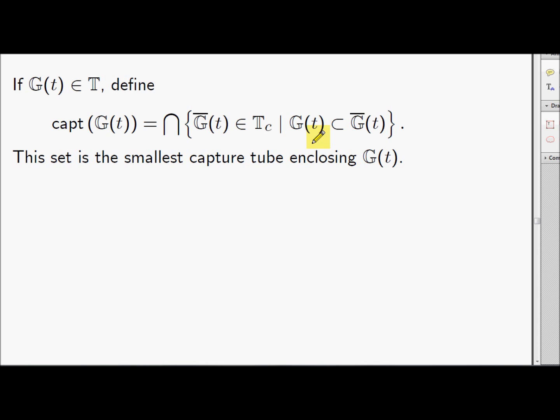We could not define the notion of smallest capture tube if the set of capture tubes would not be a sublattice. Okay.